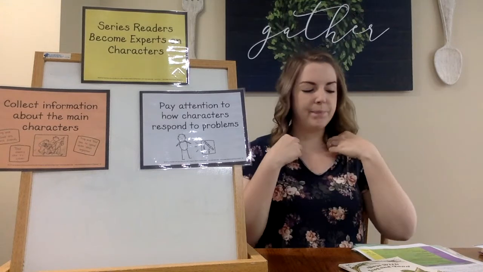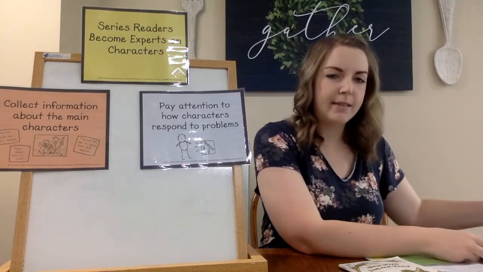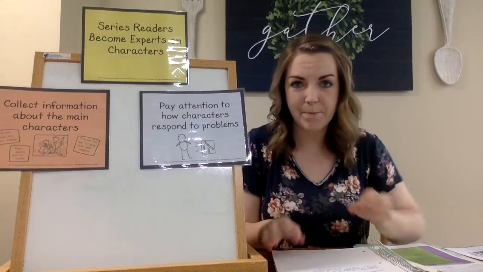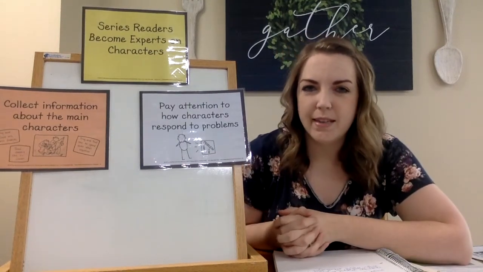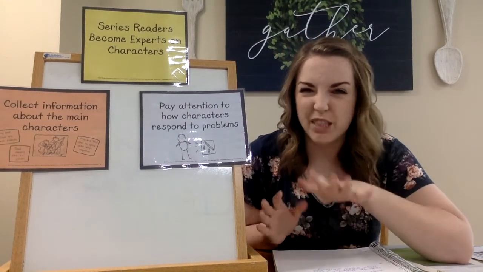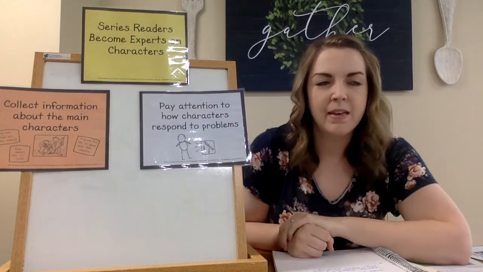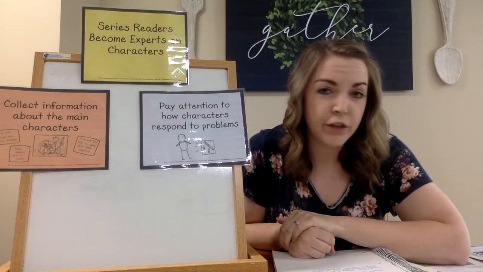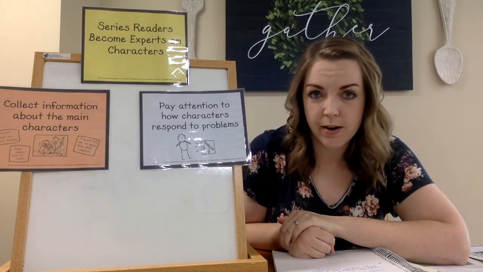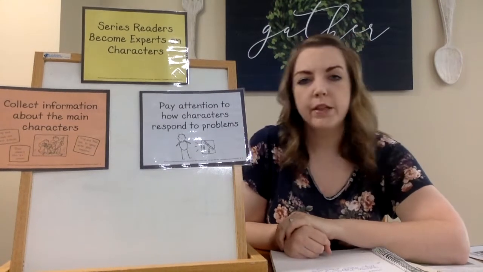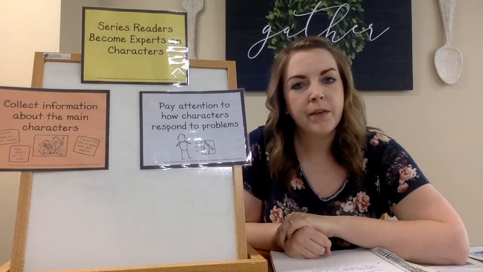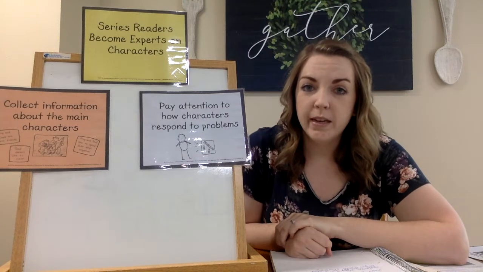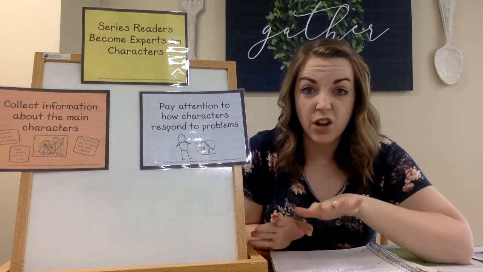Now, before we dive in, I'm going to give you an example of how characters might respond differently to a problem. I'm going to give you a scenario. This is like a pretend situation. What if you were in the grocery store walking along with your mom or your dad, looking at all the yummy foods, and you turn around and your mom or your dad is gone?